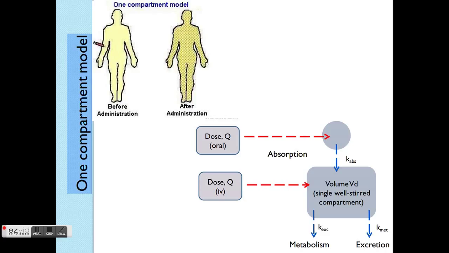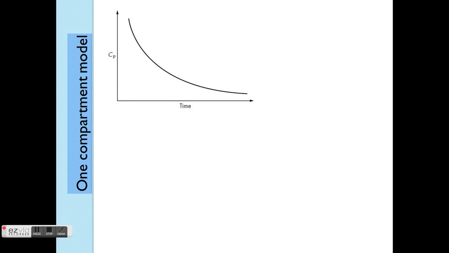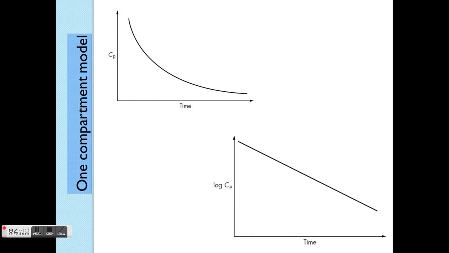So you have this one model with one volume, VD, which is the volume of distribution, meaning there's only a single well-stirred compartment, before you go through the metabolism and excretion processes. Obviously this model is not very true because you're not a test tube. Anyway, these are some graphs of the one compartment model.